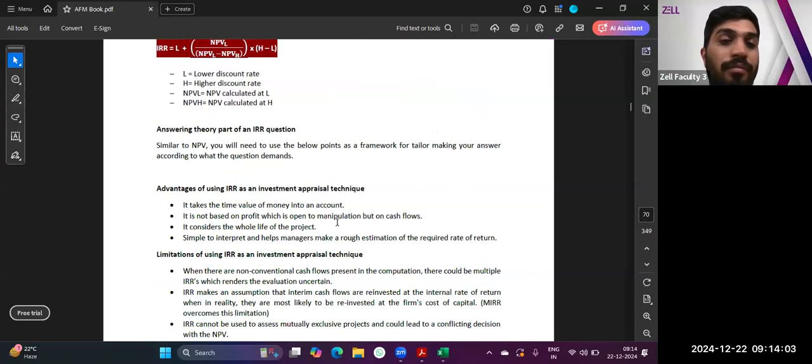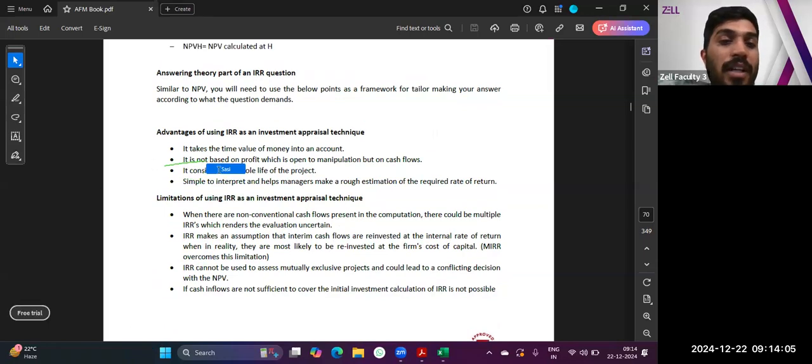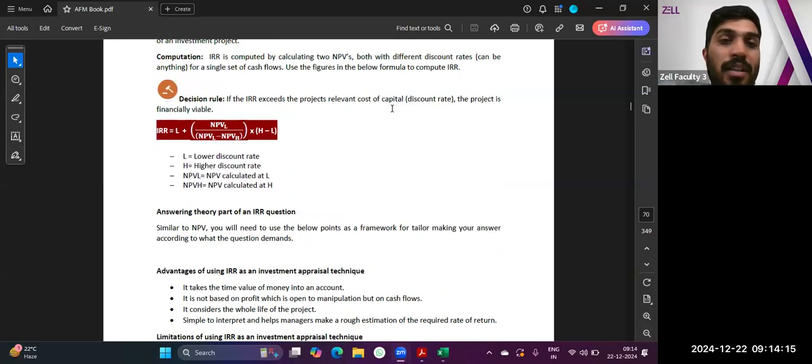Okay. Now, to calculate an IRR, you need to have two discount factors. When I say two discount factors, I need a lower discount factor and a higher discount factor. The first discount factor will always be available to you in the exam because you cannot calculate an IRR unless you calculate an NPV.